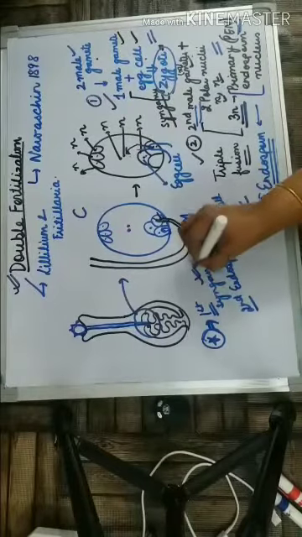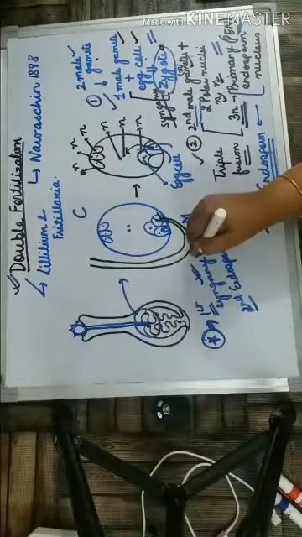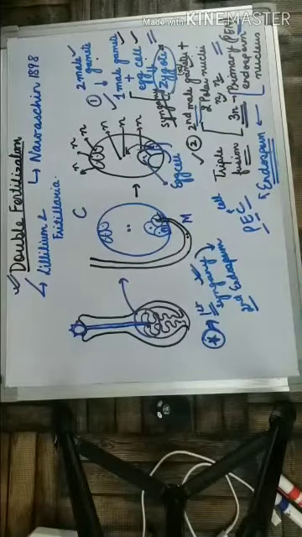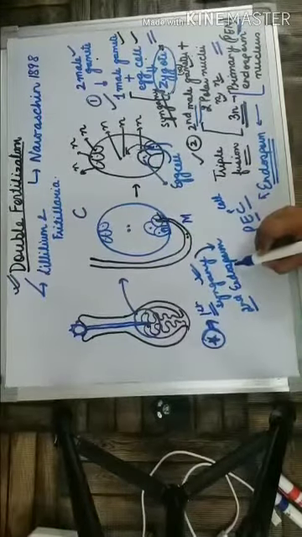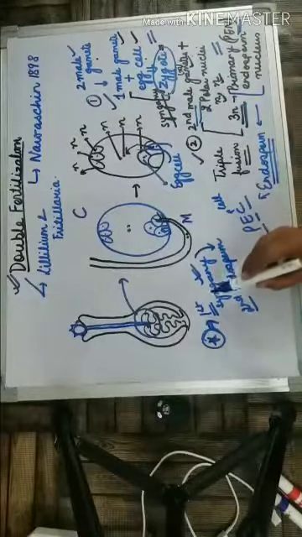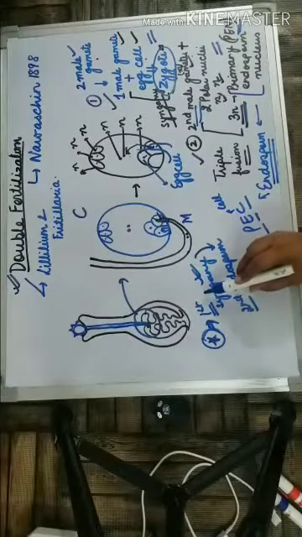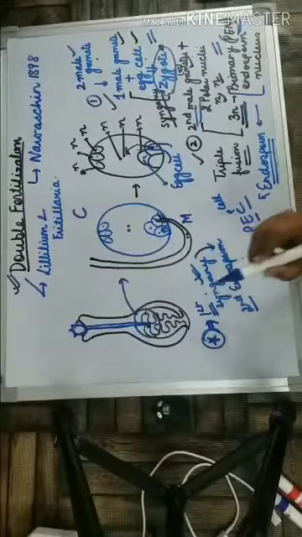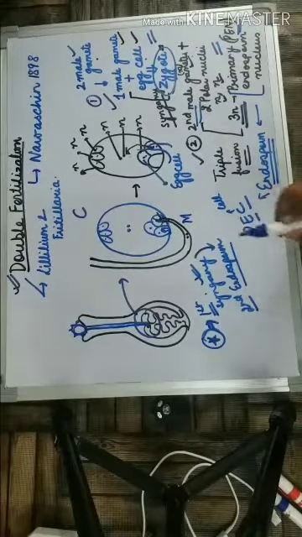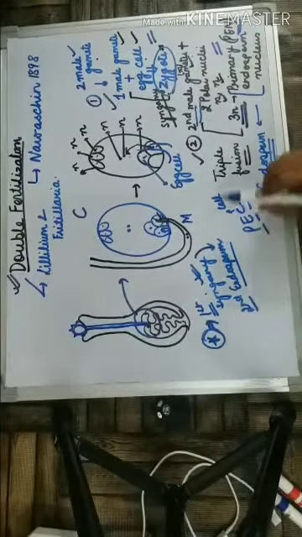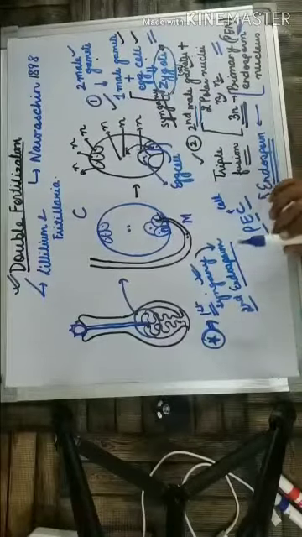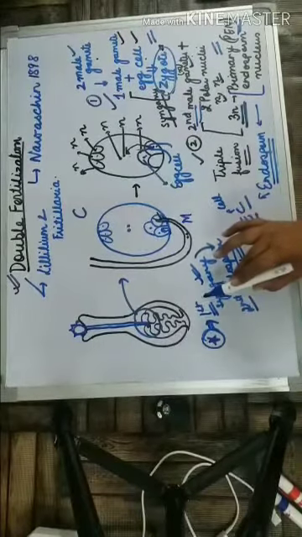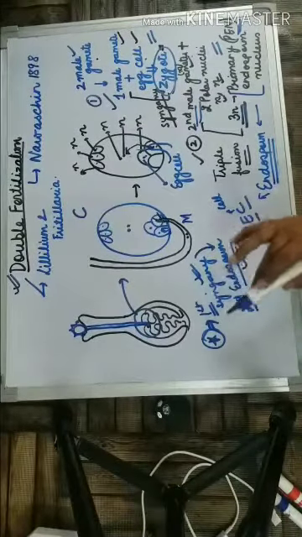That means when the zygote is formed, then only the endosperm will be formed. Endosperm is used for the development of the zygote, and therefore there is no wastage in angiosperms. The whole endosperm will be utilized for the development of the zygote into the embryo.